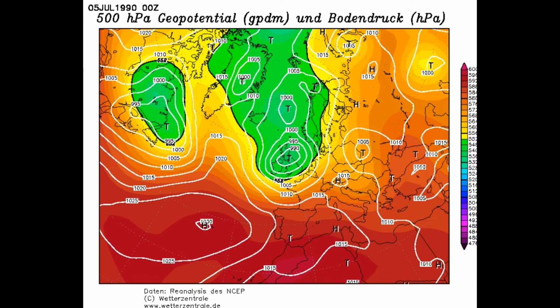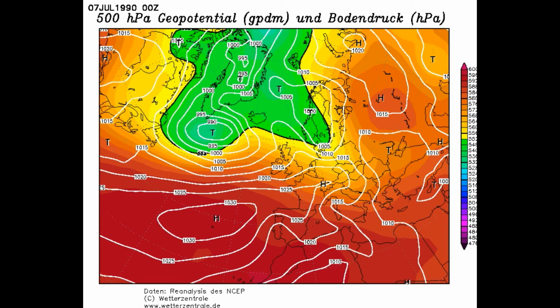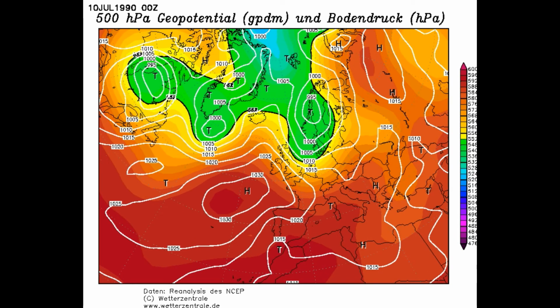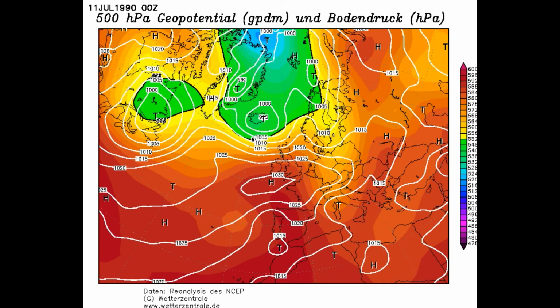Because as we go through into the 7th, the Azores high tries to have a go. Through the 9th, the Atlantic tries to fight back, but as we go through into the 10th of July, now the Azores high is starting to make its move, and as we move through into the 11th of July, it now starts to completely take over the pattern.